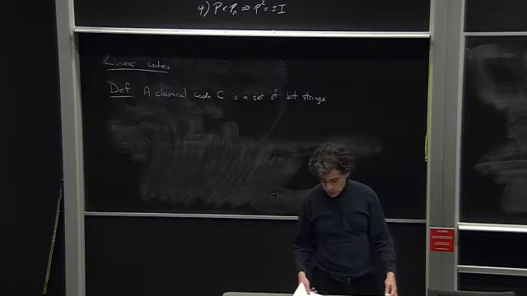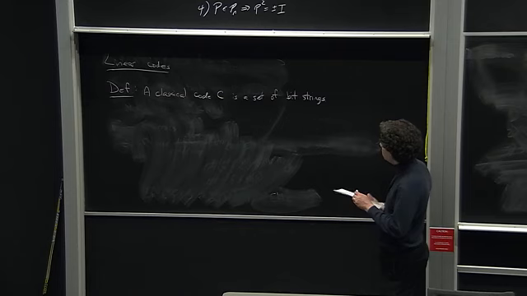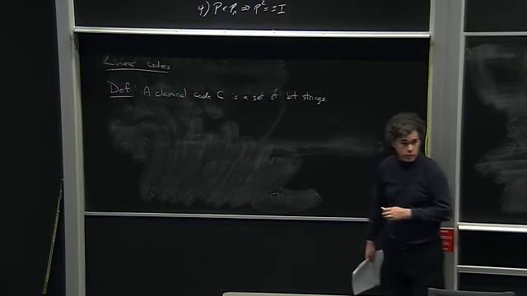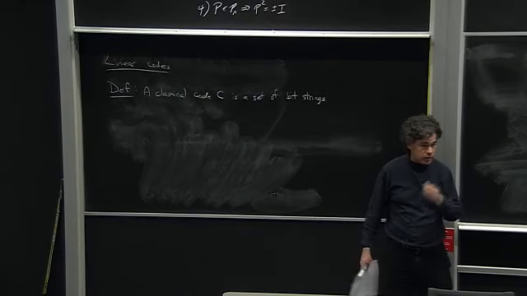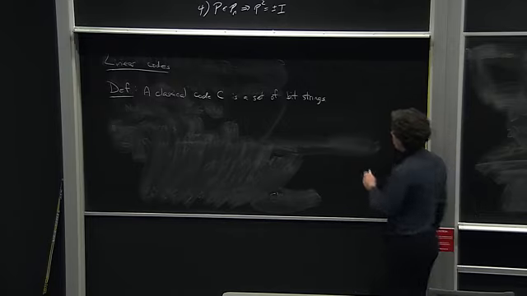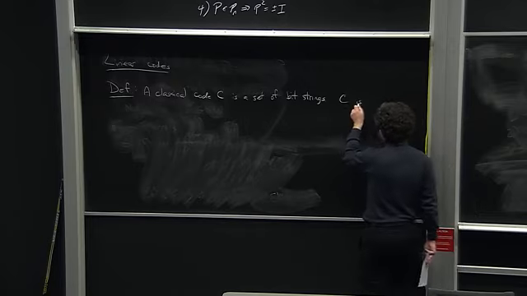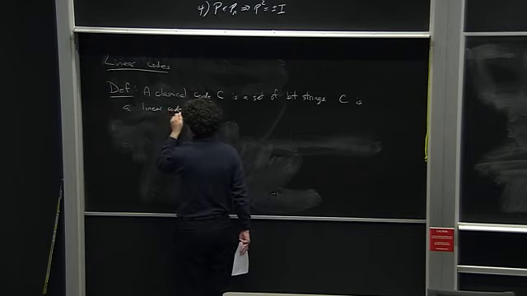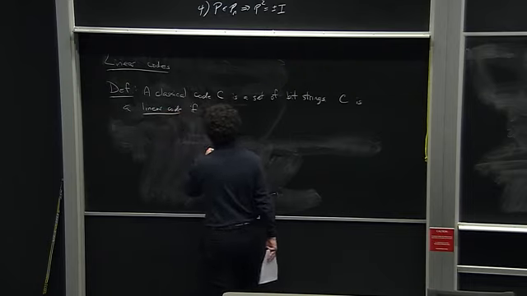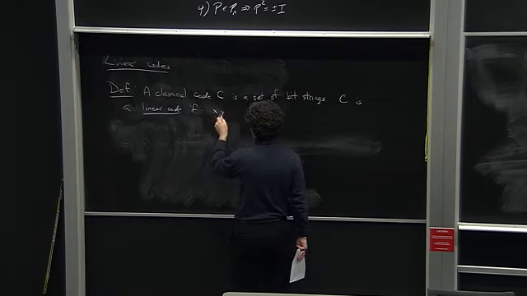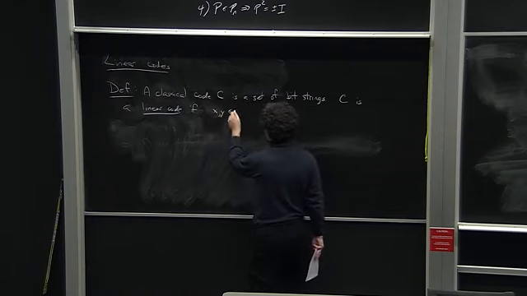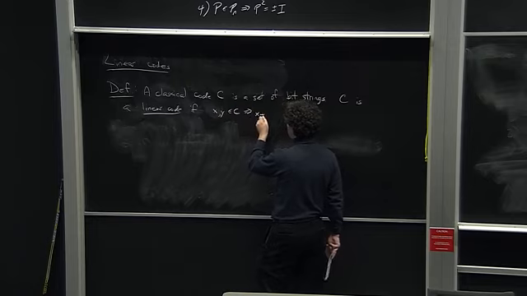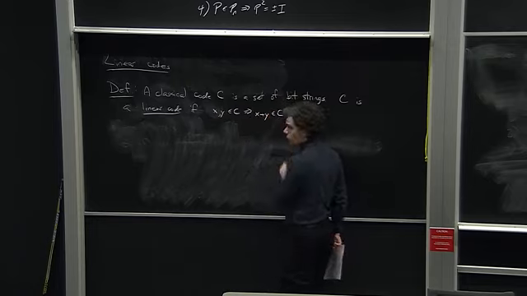But I'm going to focus on a subset of classical codes. I mean, you can derive theory for general classical codes, but we say that this code C is a linear code if it has the property that whenever x and y are vectors in C, then x plus y is in C as well.